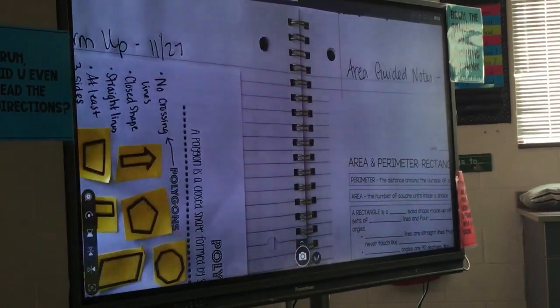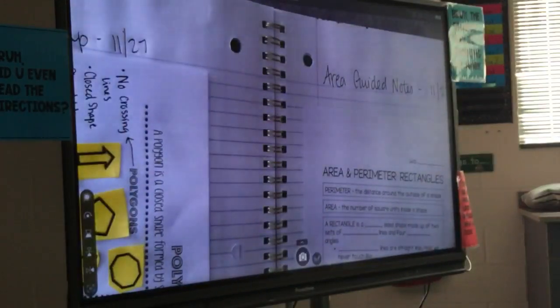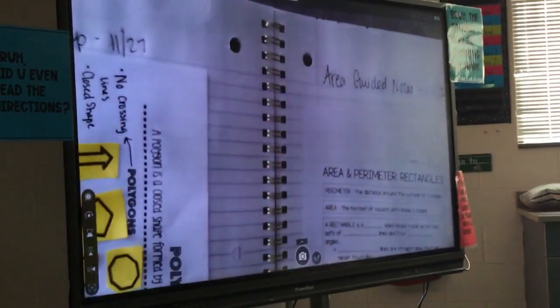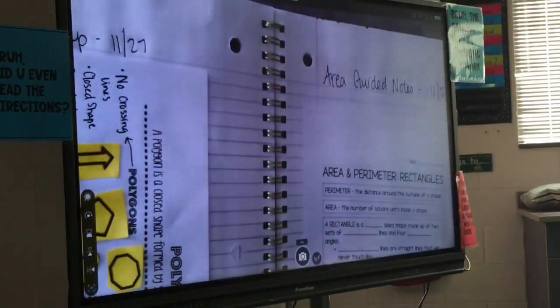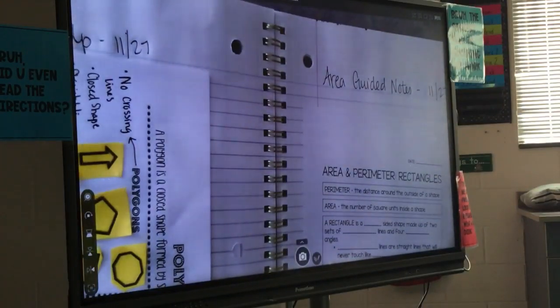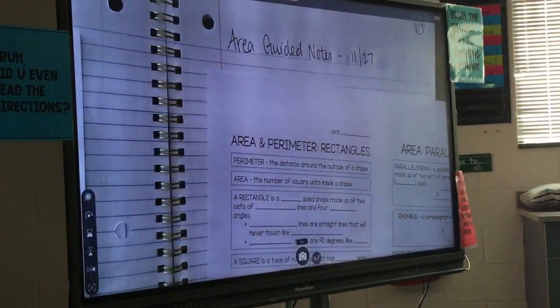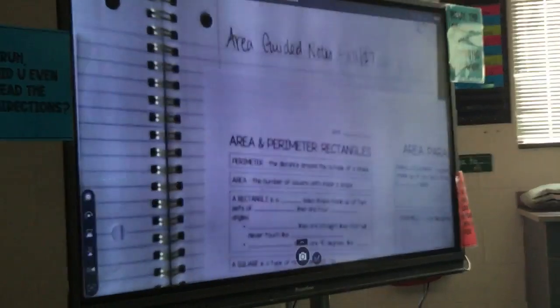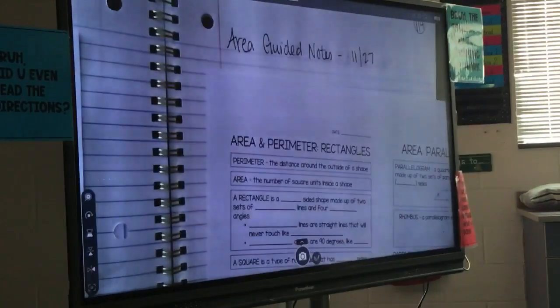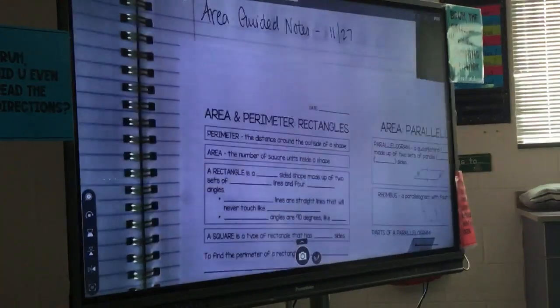Okay, so how many of you know something about perimeter? Everybody's hand should be up because you've been learning about perimeter since second, third grade. How many of you know something about area? You learned about area last year, so every hand should be up. We are starting our geometry unit today.